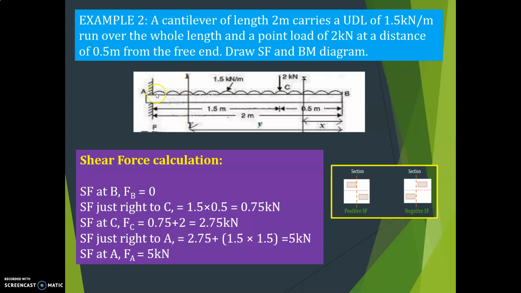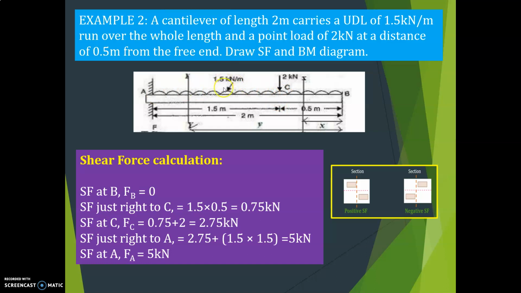Next, shear force section is here. Now shear force just right to A. Okay, what is that? 2.75, till here it is 2.75. 2.75 plus, again it is downward direction, so downward is 1.5 into, now you have to consider only A to C. What is the distance? That is 1.5.